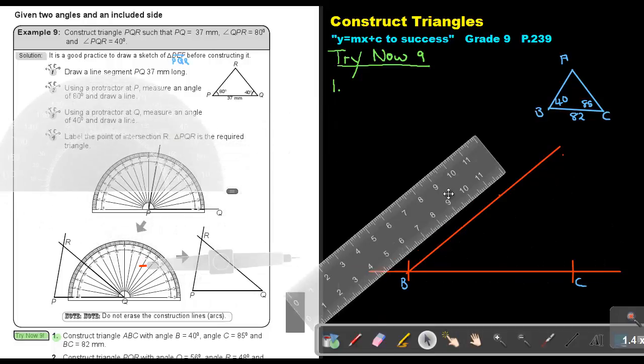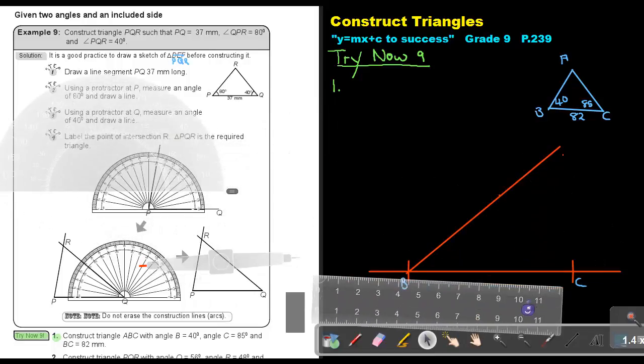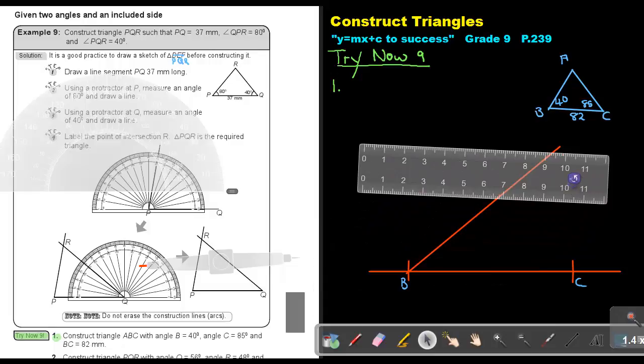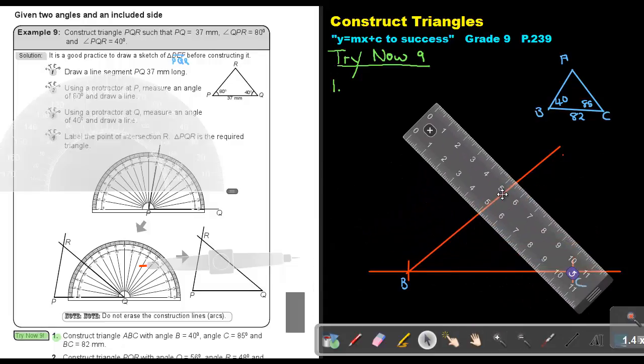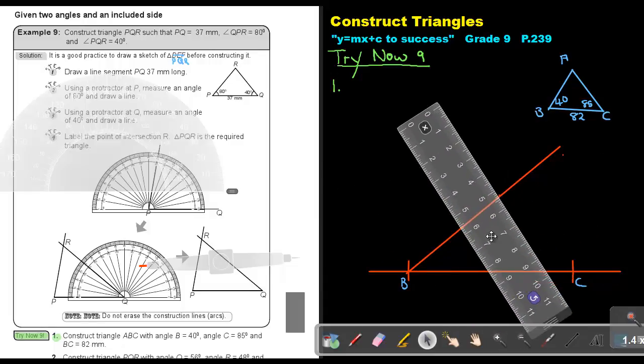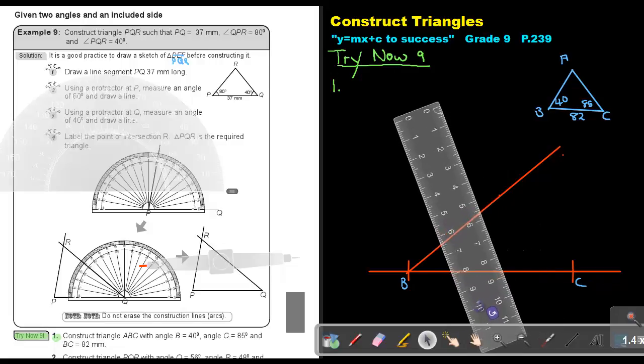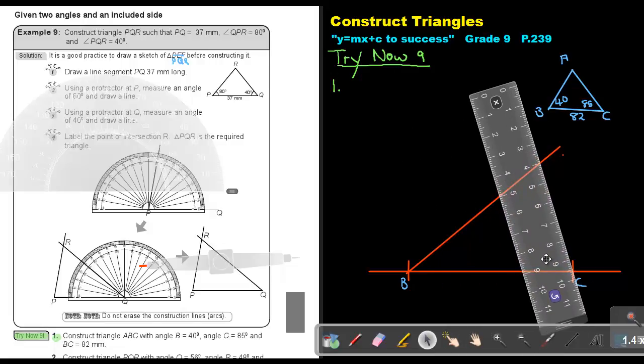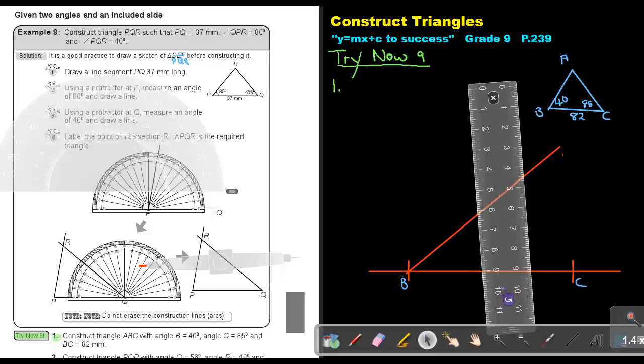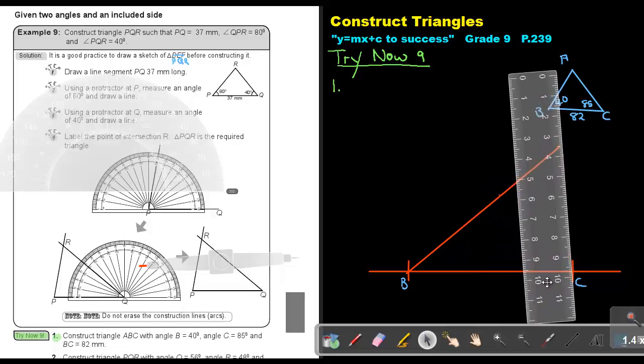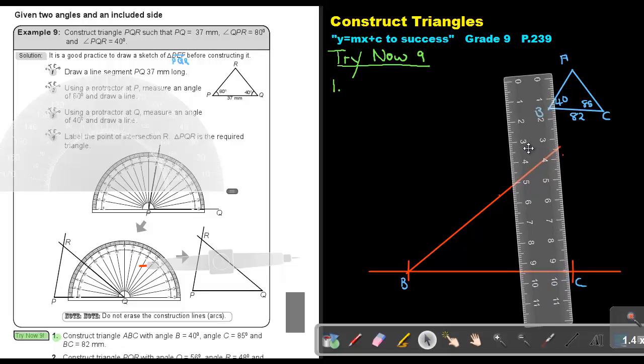And I use my ruler again. Can you see what happened? That line is not long enough, so you can extend that line a little bit more.